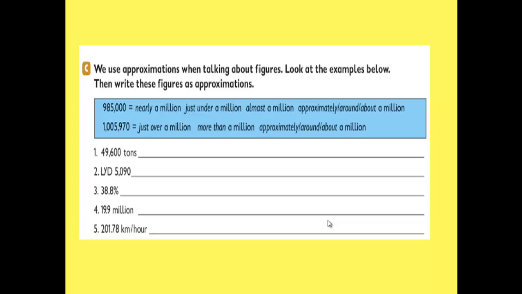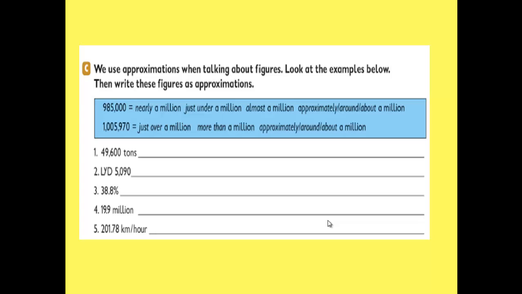Number 3, we have 38.8%. We can say approximately 40%, or just under 40%, or nearly 40%, or around 40%. Number 4, 19.9 million.